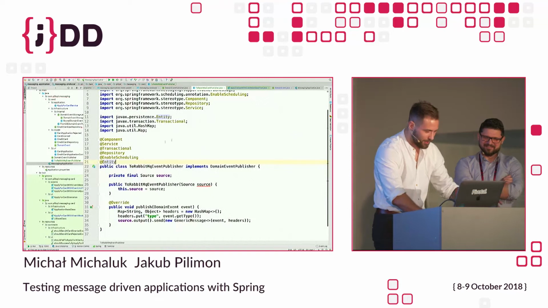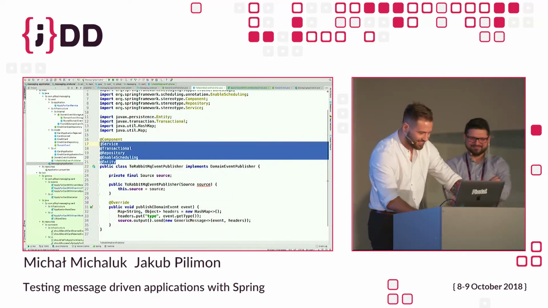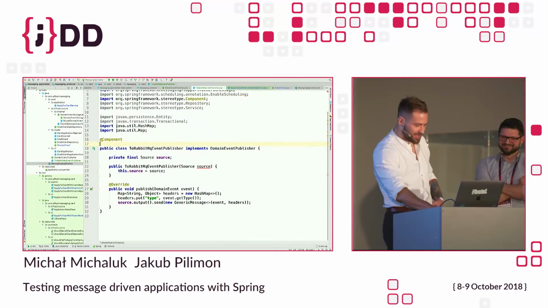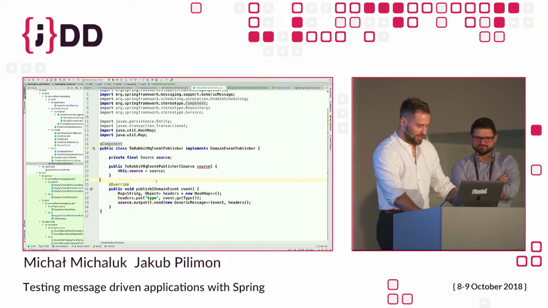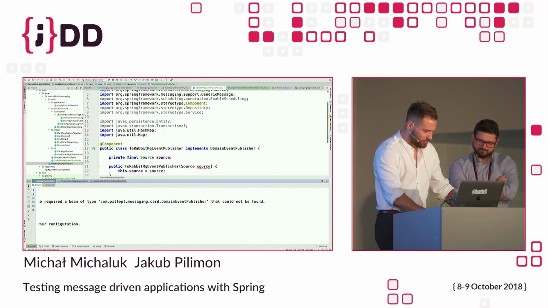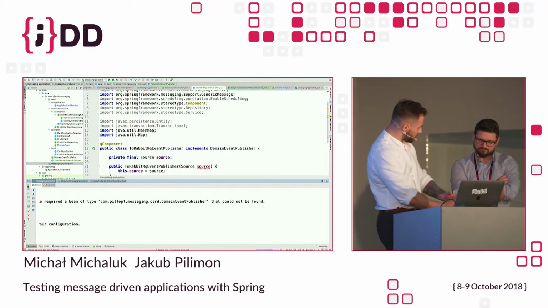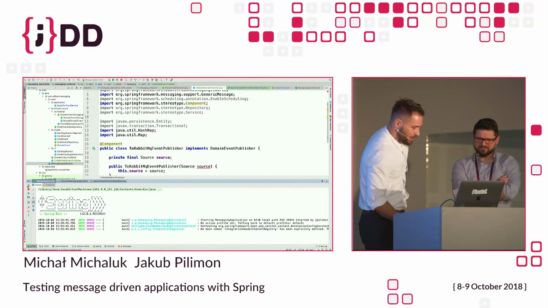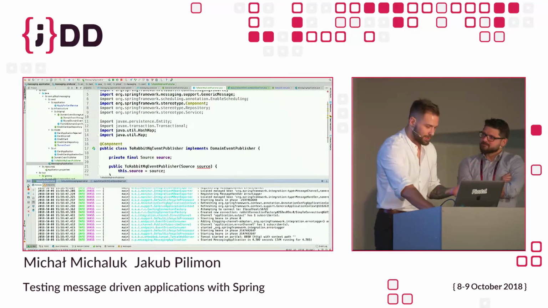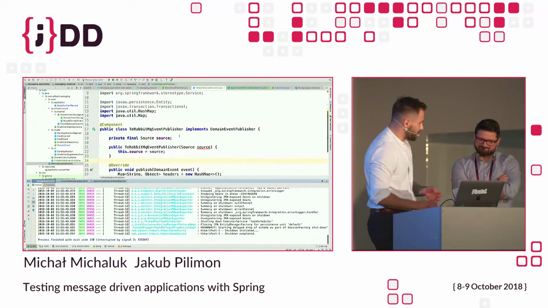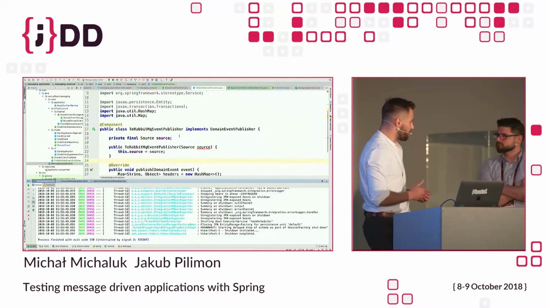I will start with the first one, and then if it fails, I will add more. Okay. All right. So now, if I run the app, it should work. And now we can go to production. Yeah, definitely. But still, I would like to see a test which would have caught this kind of a problem.